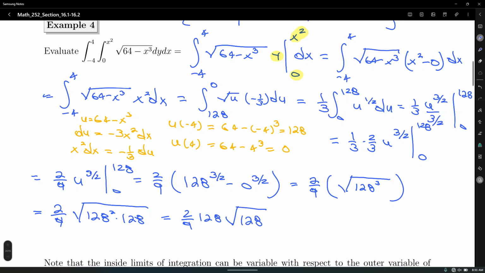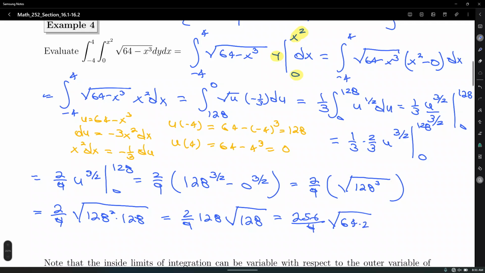Now, the number 128, we already discussed, is not a perfect square. However, if we keep with multiplication, 128 times 2 is 256 over 9. And then the square root of 128, isn't that 64 times 2? And 64 happens to be a perfect square.